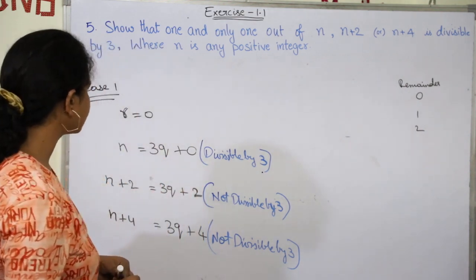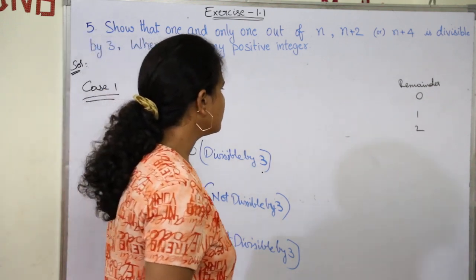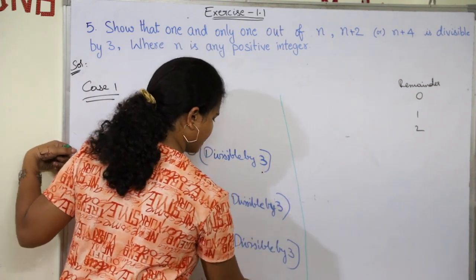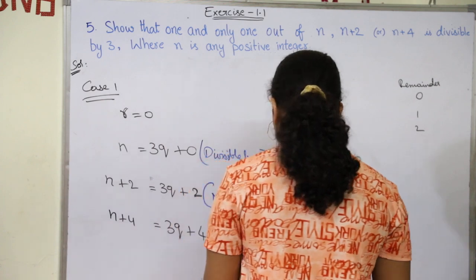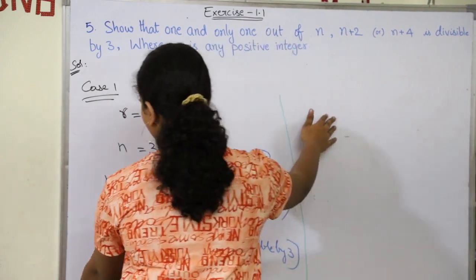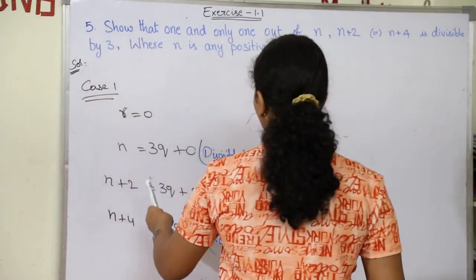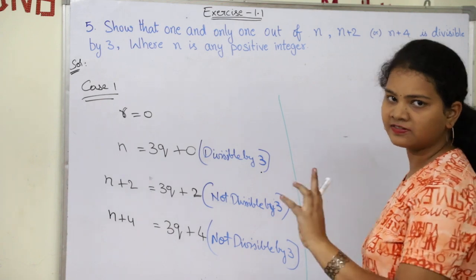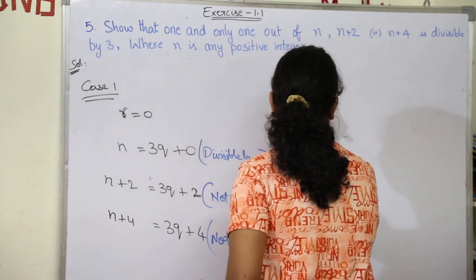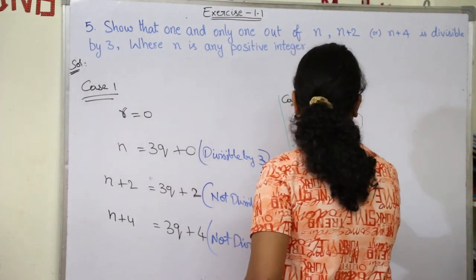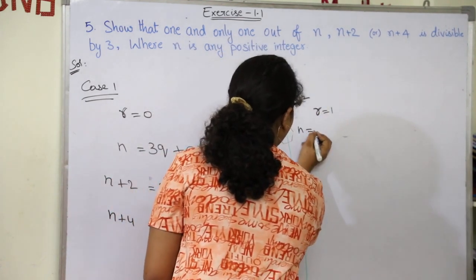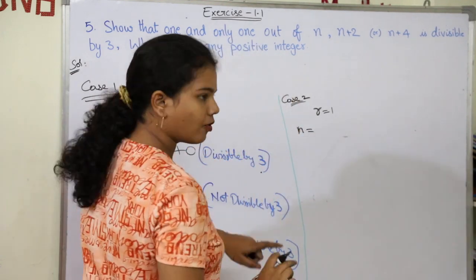Now let's go for the second case, where we use remainder 1. We have done with 0. If the remainder is 0, n is divisible by 3, but the other two are not. In case 2, where r equals 1, n equals 3q plus 1.